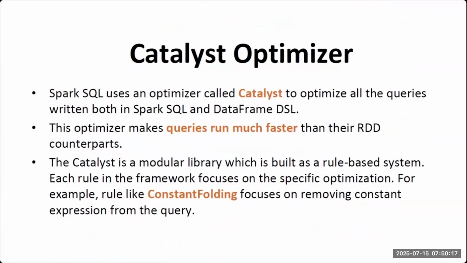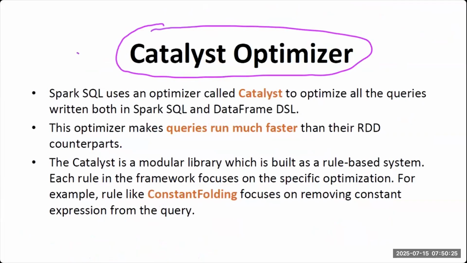I told you, Spark data frame and data set have some optimizations also. Yes, that comes from the catalyst optimizer. This is present in Spark SQL, which optimizes internally. If you write any query, it will do the optimization on top of it. How it optimizes, we'll see.